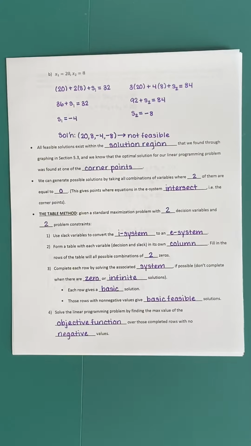So everything we know from talking about graphing is still true. The actual solution, the optimal solution, the solution we want is still going to occur at one of those values that we get from a corner point. But if we don't have a graph, well, how do we know where the corner points are? What we're going to do is artificially generate all of those corner points using an algebraic technique.